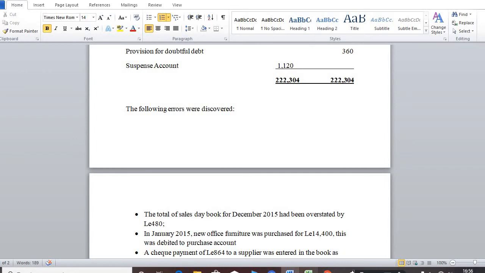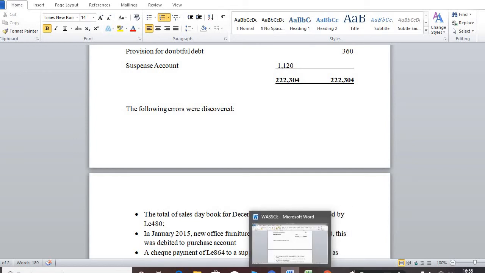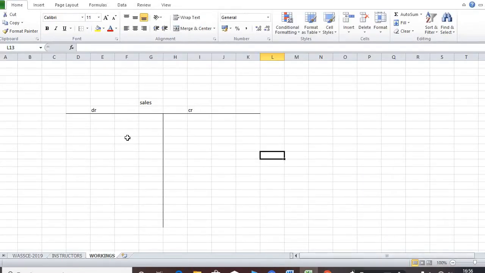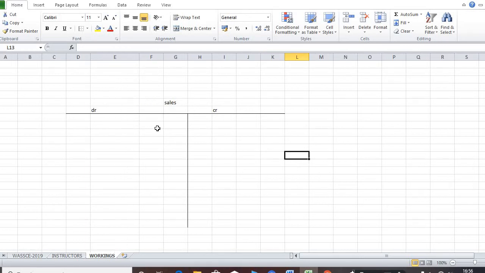Obviously you have to debit the sales account. What do you think will be the other account to be credited? This kind of error affects the agreement of the trial balance, and for that matter, we have to use a suspense account.